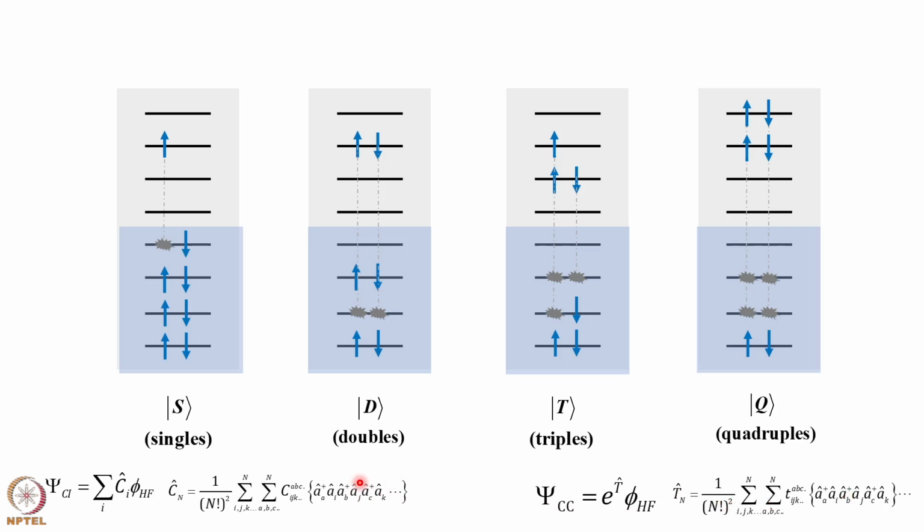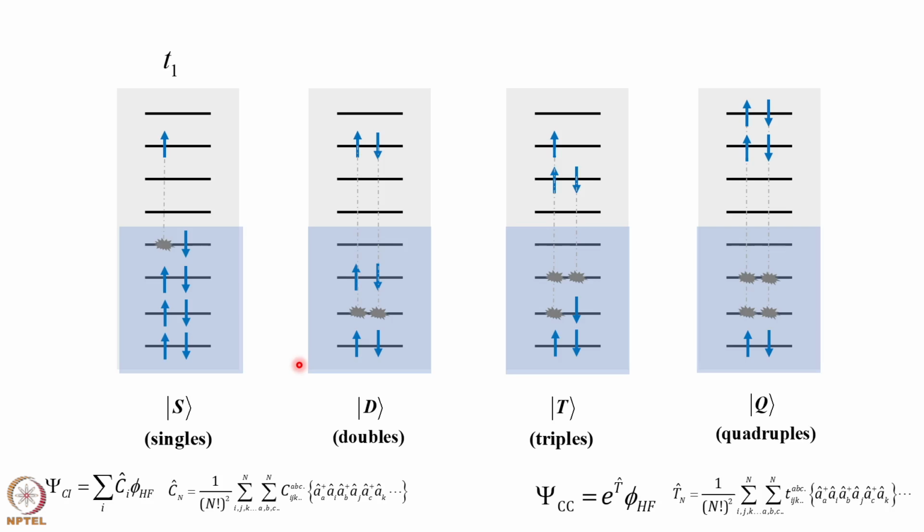Now, if I truncate to only 1 and 2 body excitation operators, we get CISD and CCSD. So, what happens if I restrict my operators to 2 body operators? In the CI picture, I can only generate singly excited and doubly excited configurations. I cannot generate triply and quadruply excited configurations, because my CI operator is truncated at double excitation. What happens in the case of coupled cluster?